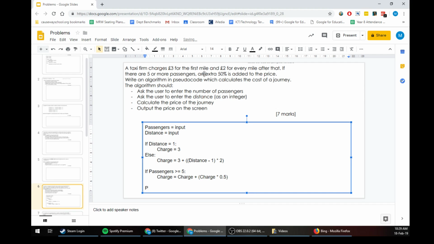And then we're going to output charge. So what we've done here is we've taken the people in, and then we're looking to see what's going on here to create these if statements.